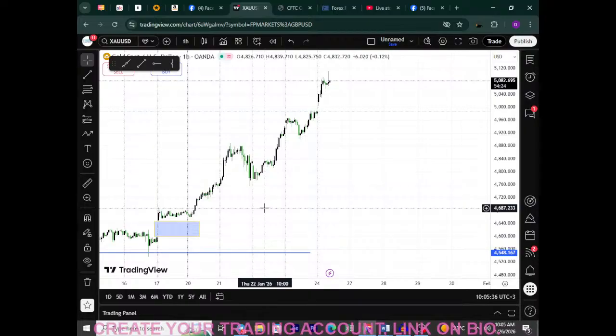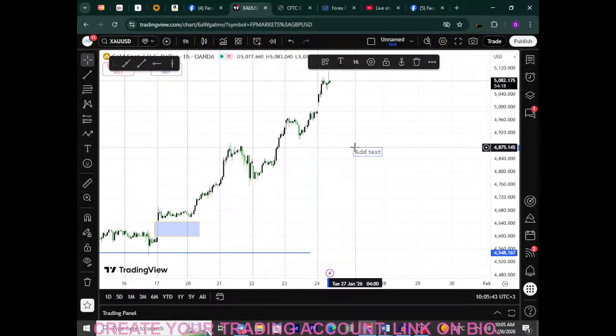Because sometimes, even though those pairs look correlated, let me tabulate them. GBPUSD, we have EURUSD, we have USDJPY, we have gold.